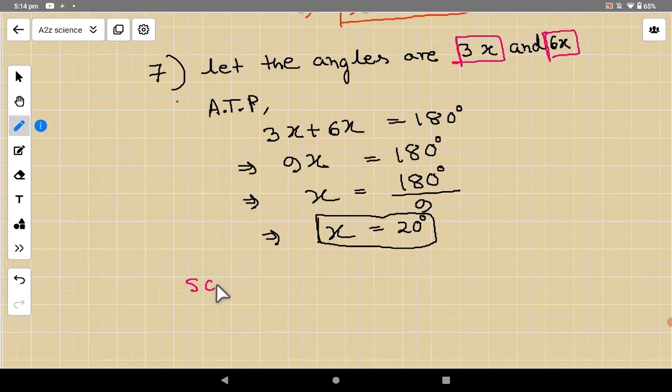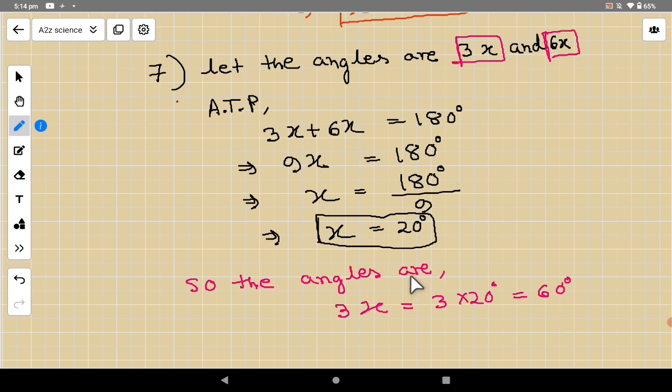So the angles are: 3x will be 3 into 20 degrees, it becomes 60 degrees, and 6x is 6 into 20 degrees, which becomes 120 degrees. These are the answers. Hope it's clear to you.